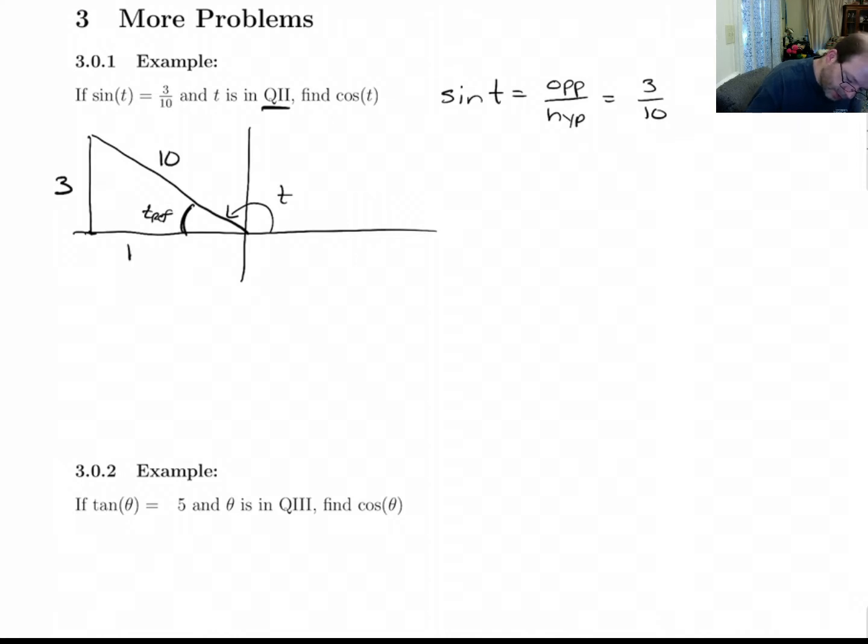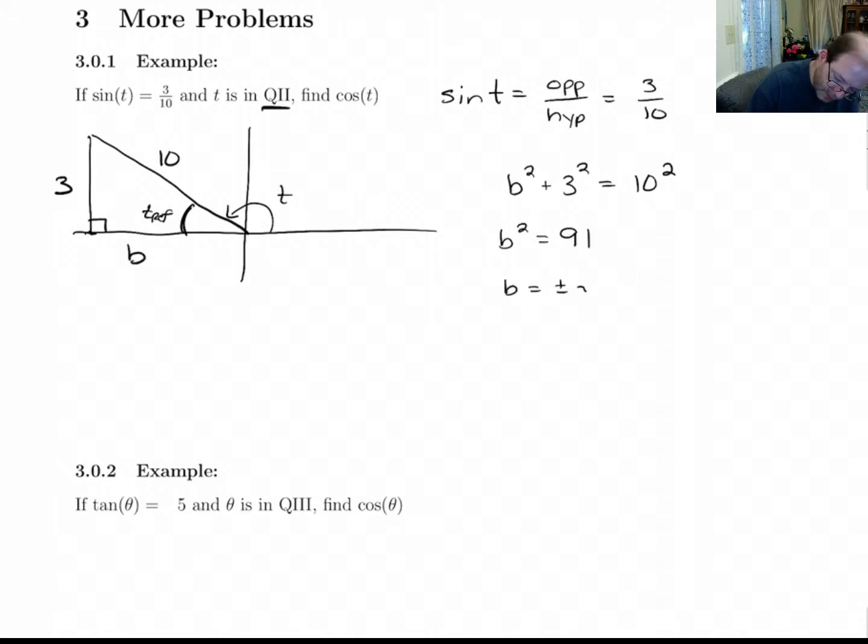So we've got to figure out what this other side is here. I'm just going to call it b. Now, we can use the Pythagorean theorem to come up with that. We know that b squared plus 3 squared equals 10 squared. And so b squared is going to be 100 minus 9, so b squared is 91.